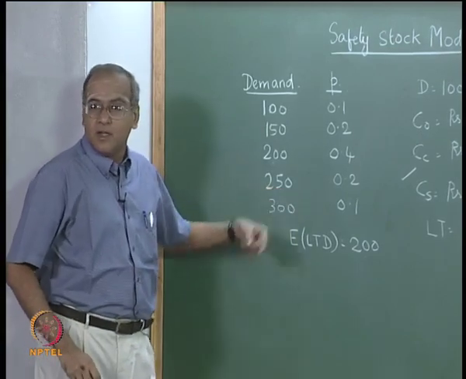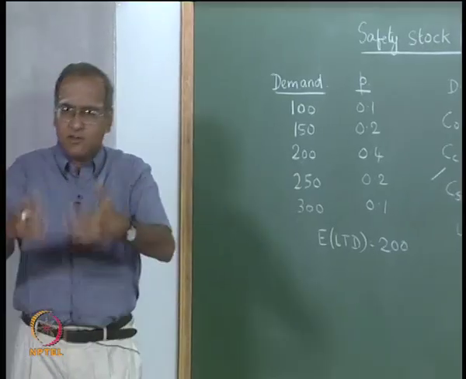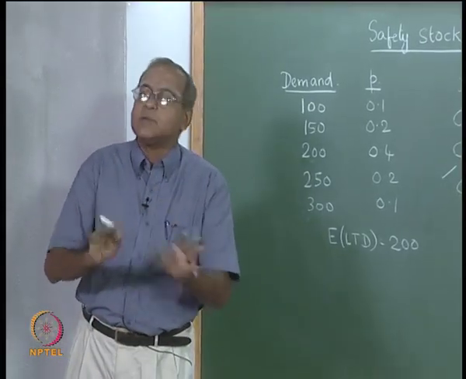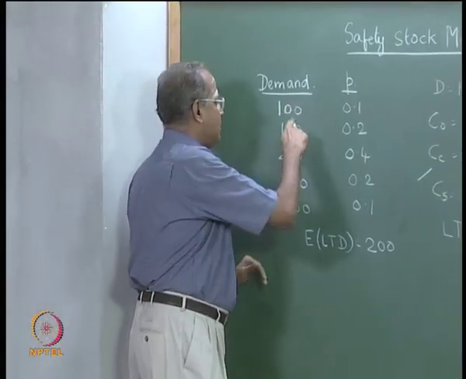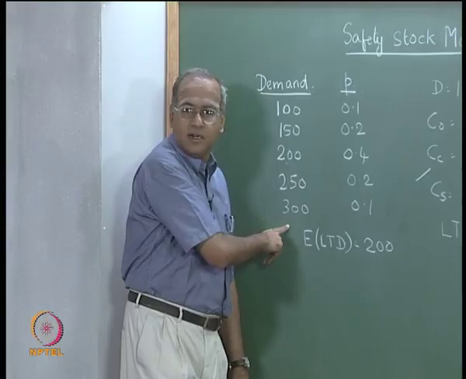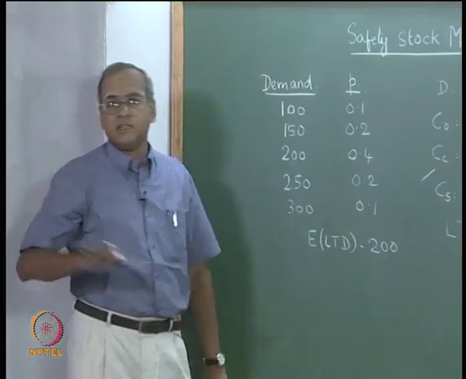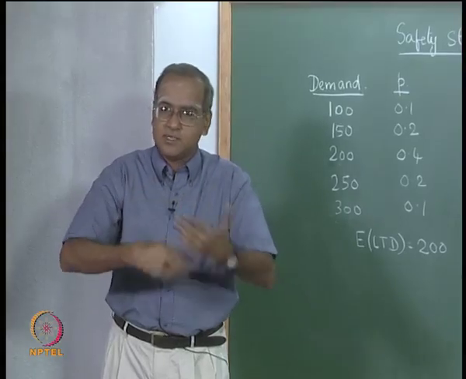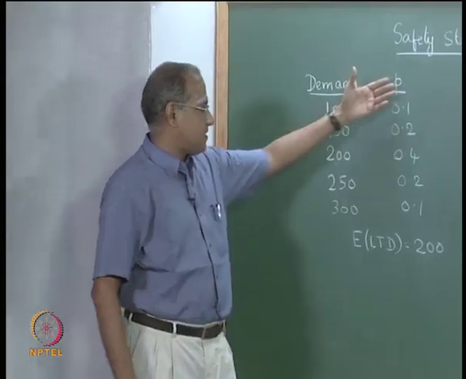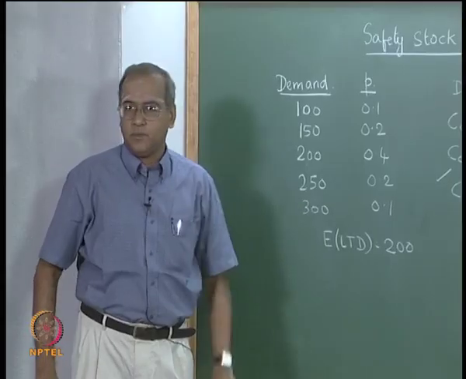and so on. Now, just for the sake of explanation, to make it very simple, let us assume that it is 100, 150, 200, 250, 300, all with equal probabilities of 0.2. Just for the sake of making it simpler, that all of them have the same probability of 0.2.